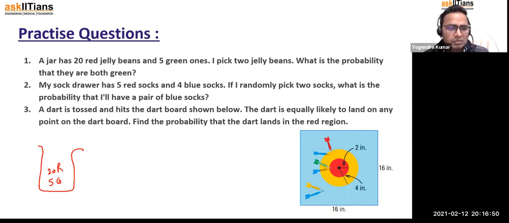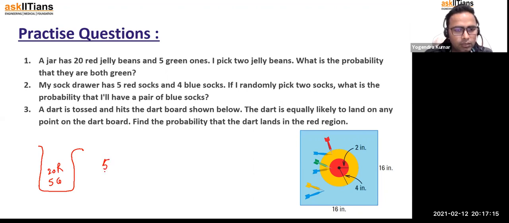We are picking 2 jelly beans, and what is the probability that both are green? So the first one is green, the second one is also green, right? So what should we write here?